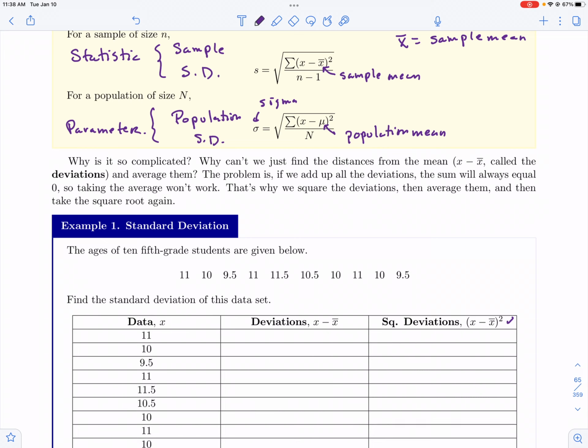So let me write out what this is going to look like. It's going to look like the square root of the sum of list 1 minus our sample mean, squared, all divided by n minus 1. Again, this is kind of ugly.